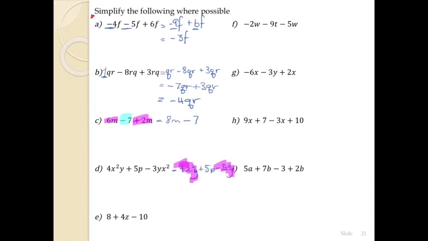Now that's just going to leave us with 1x squared y. So that is written as x squared y. But we still need to make sure that we take care of this 5p. So that means we add 5p.